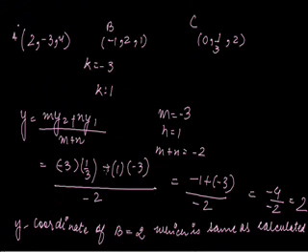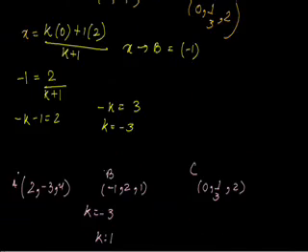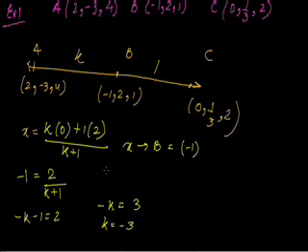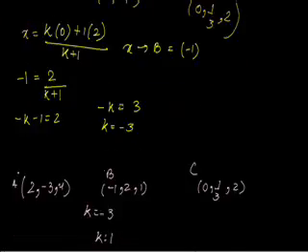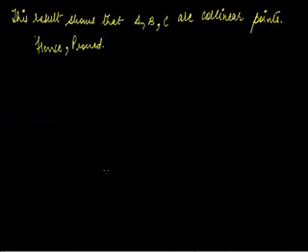Using k equals minus 3, when we calculated the y coordinate using the section formula, what we got is the same as the given coordinate of B. So this result showed that A, B, C are collinear points.